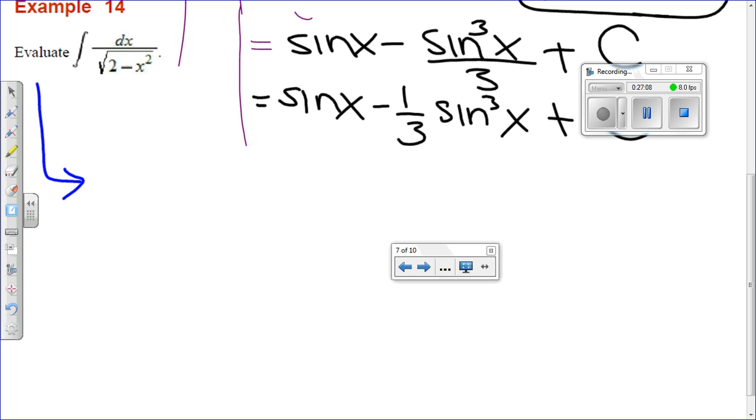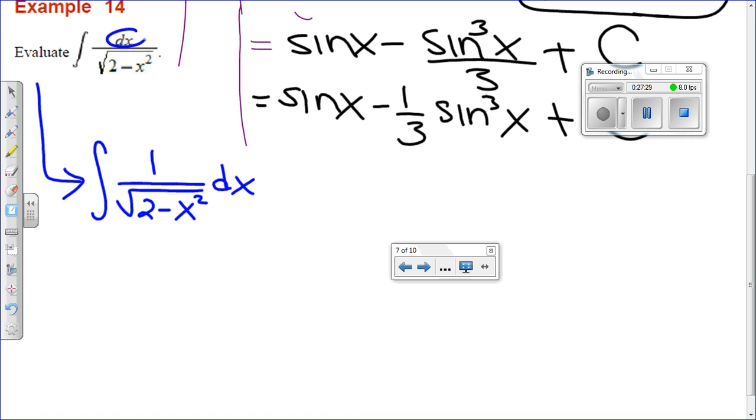So this integral here is going to be the integral of 1 over the square root of 2 minus x squared dx.